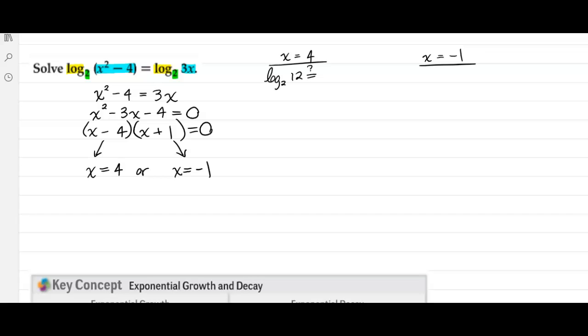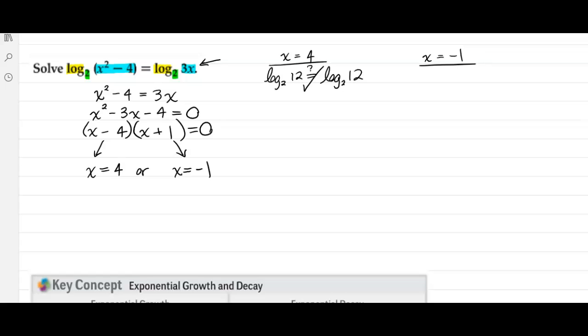Does that equal the log base 2 of 12? Remember, we have to sub it back into the original equation. Sure enough, when we do this, those are the same thing. If we plugged in the change of base formula of log of 12 divided by the log of 2, it would be the same on either side.